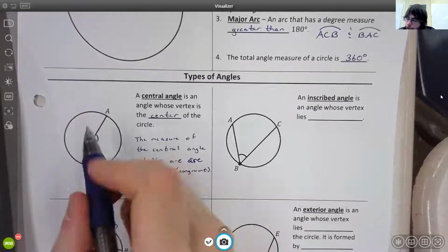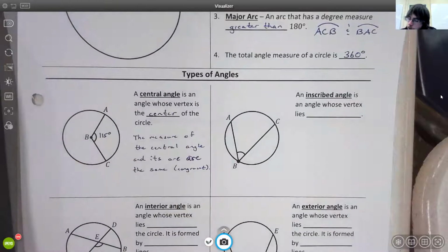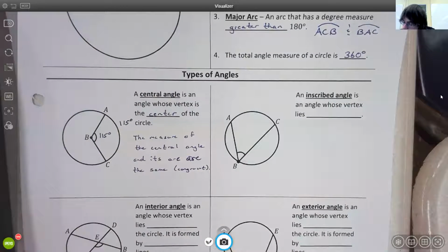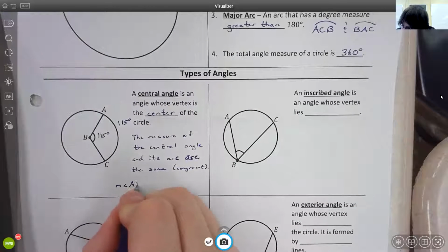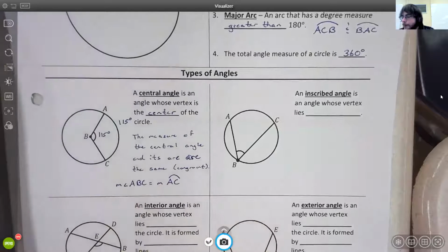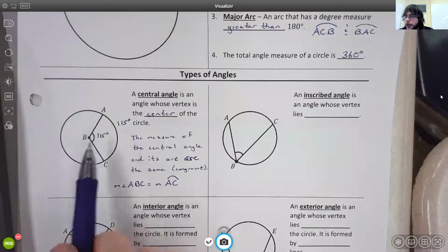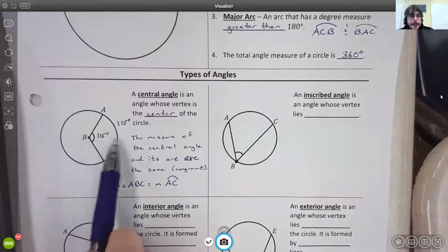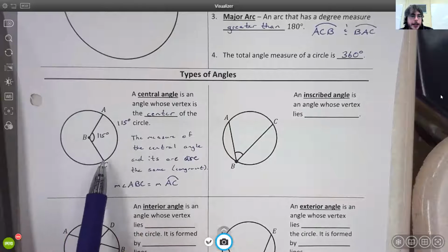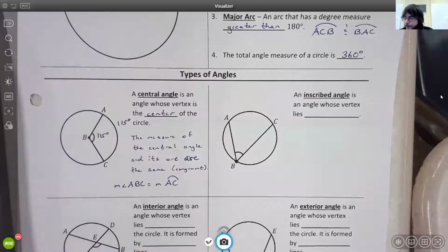So that means that here, if we had angle ABC to be 115 degrees, then arc AC would also have to be 115 degrees. So the measure of angle ABC must be equal to the measure of arc AC. Okay, so a central angle is the same as the arc that it intercepts. And you can tell where it intercepts because you have A here and C here, and this is the intercepted arc. That's the portion that you're looking at.